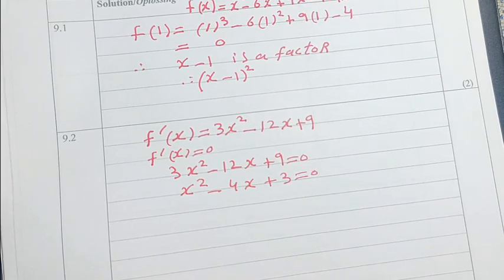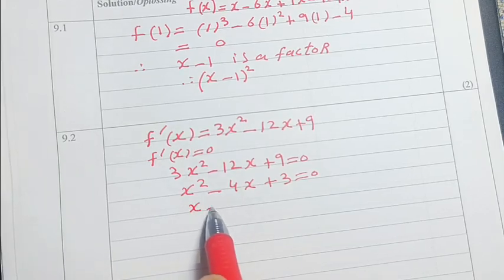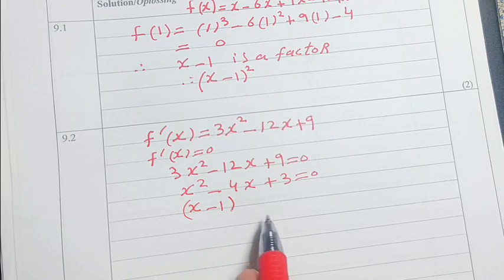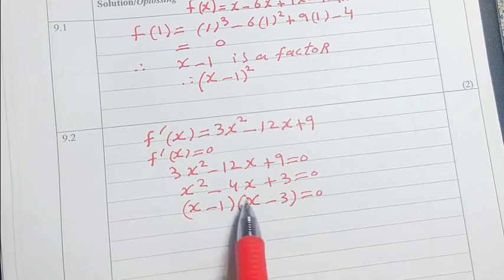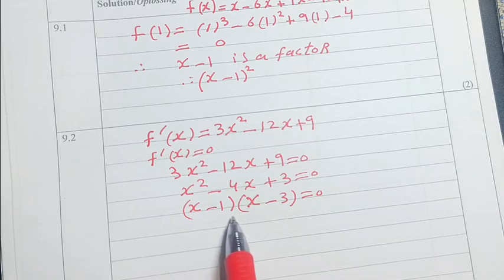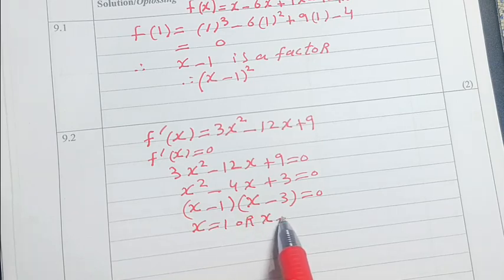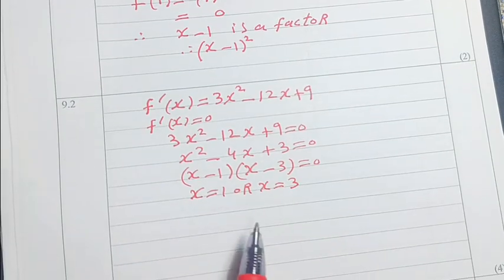Now we're going to factorize this trinomial. It's going to be (x − 1)(x − 3) is equal to 0. We factorize like this because the middle term is negative, so both factors will have a negative sign. Solving for x, x is equal to 1 or x is equal to 3. So these are the x values of the turning points.